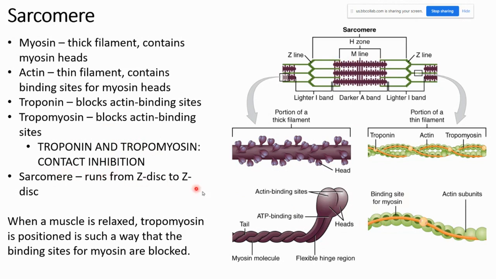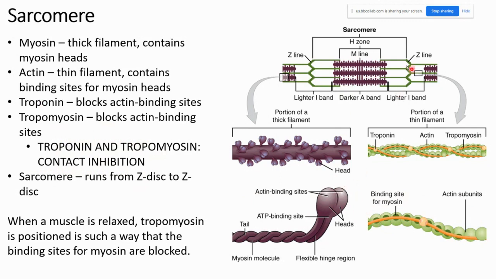Contact inhibition. And troponin, I can call them the T proteins, they both start with the letter T, is part of that complex. So that troponin-tropomyosin complex prevents myosin from binding to actin.